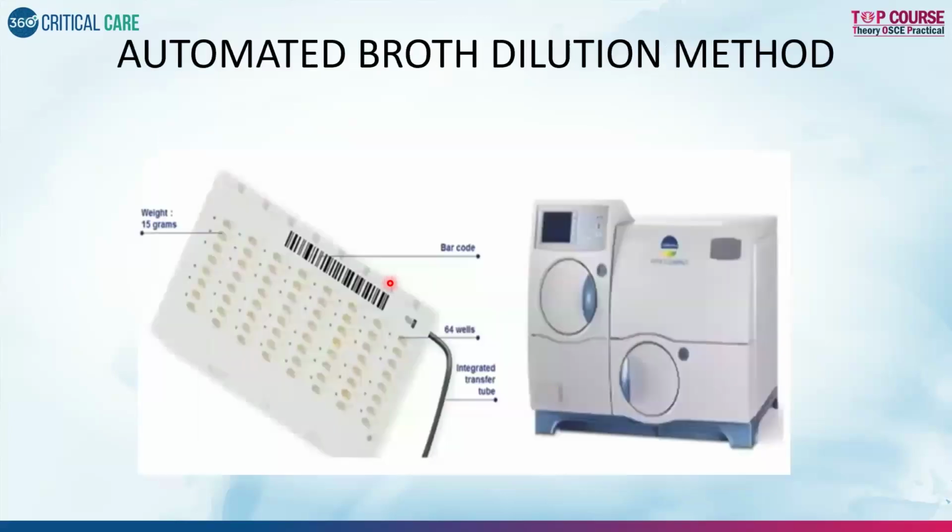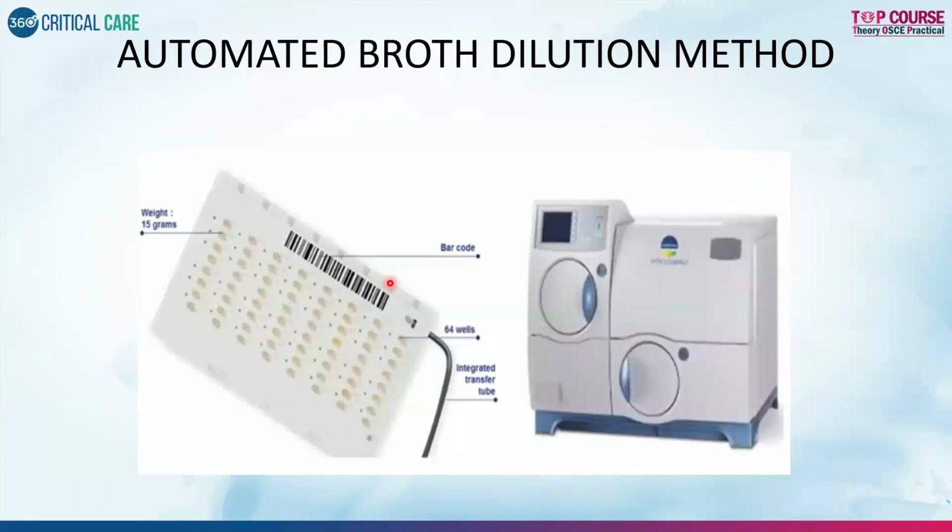Right now, because it is all labor intensive, we have this Vitek machine that does this. It has a cassette, it has multiple wells, and each well will have a different concentration of the antibiotic, and then we can understand at which concentration the antimicrobial effect is good for that particular antibiotic.